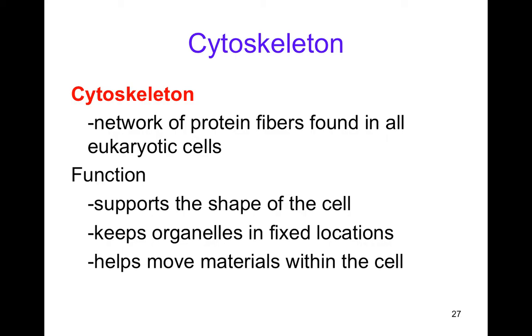The bones give you shape, and they help keep your organs in fixed locations. The cytoskeleton also provides a highway, if you will, for materials to go in and out of cells, moving along the cytoskeleton to get to places where they need to go.